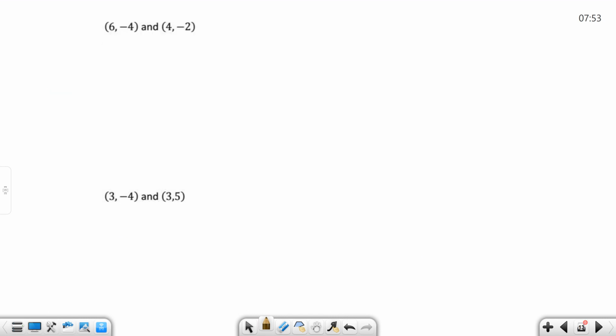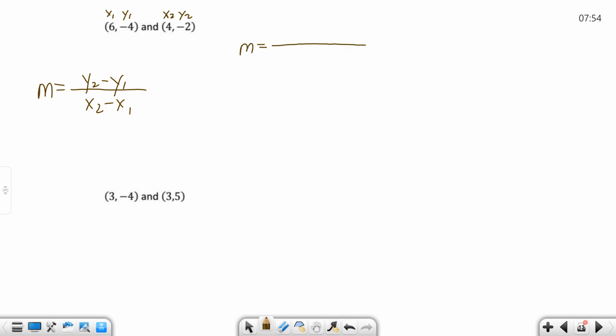So let's move on. Let's go to the next one. And guess what I'm going to do first? M equals y2 minus y1 over x2 minus x1. I'm going to call this x1, y1, x2, y2.